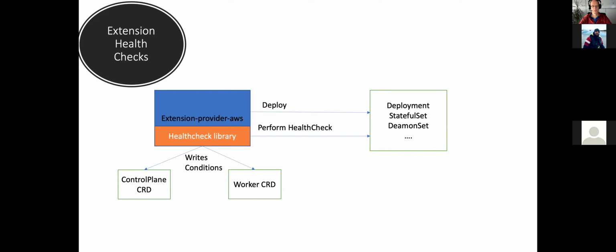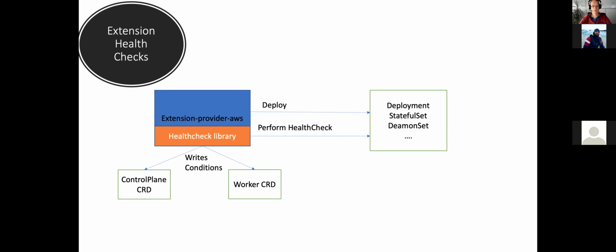In general, looking at one specific provider, here, for instance, the provider AWS, it's a very general way of looking at it. It will deploy deployments, stateful sets or daemon sets, and it uses a health check library that's being introduced to perform these health checks, just to make sure that the deployment is healthy.